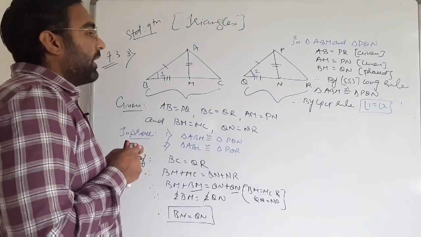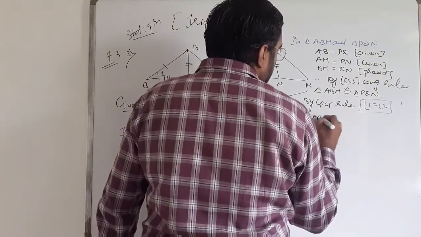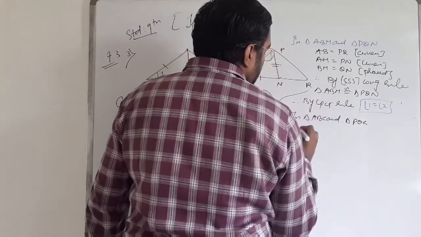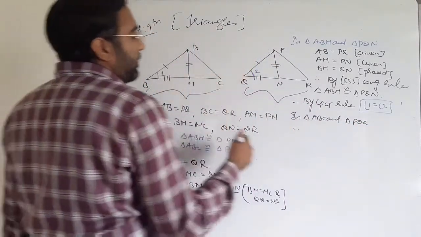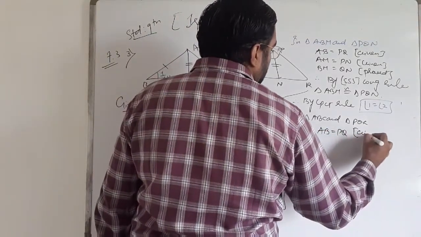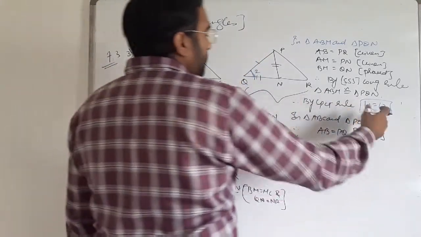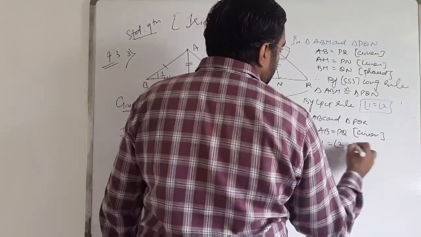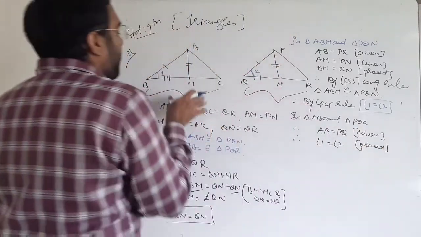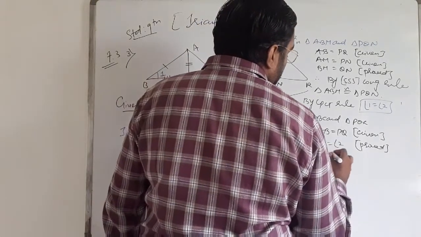Now in triangle ABC and triangle PQR, AB is equal to PQ, that is given. Second thing, angle 1 is equal to angle 2, that we have proven. And third thing, BC is equal to QR, that is also given.